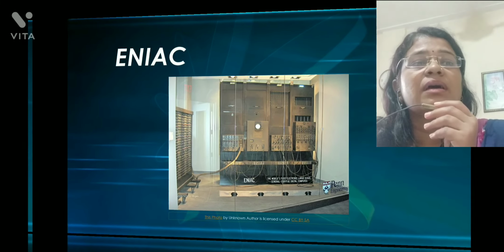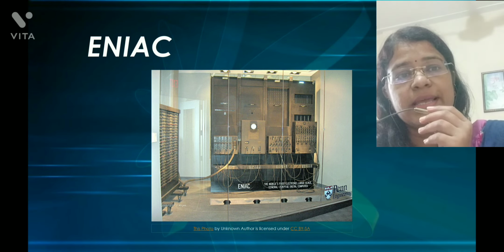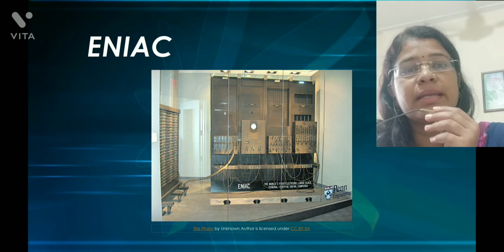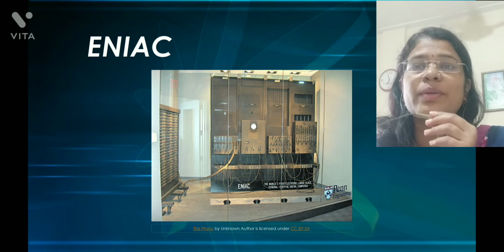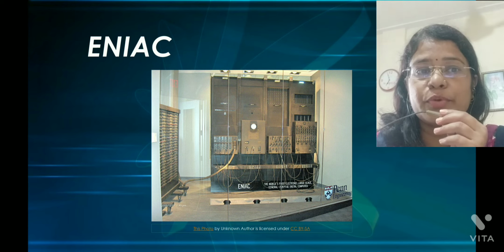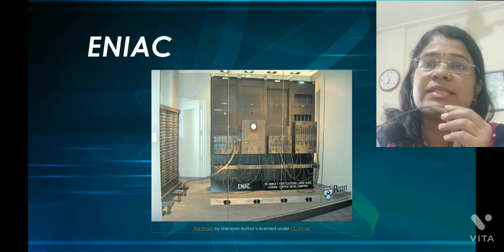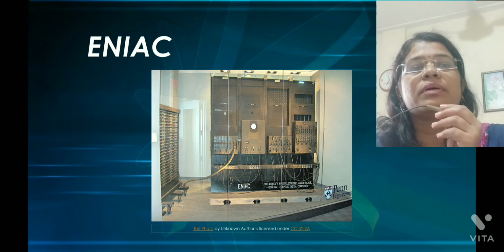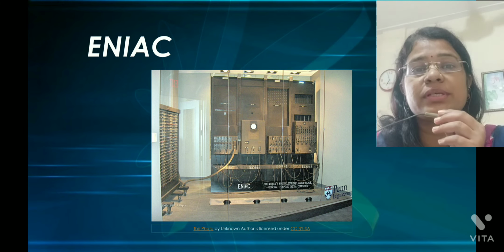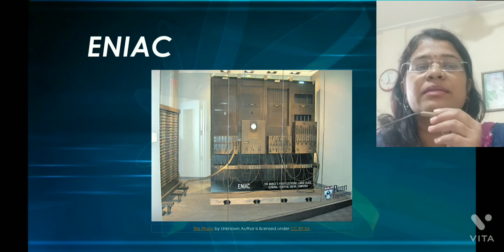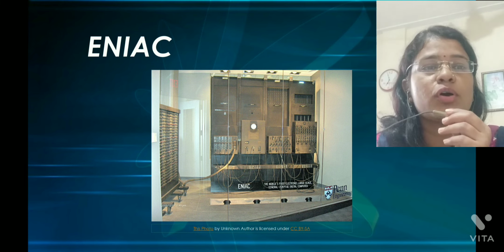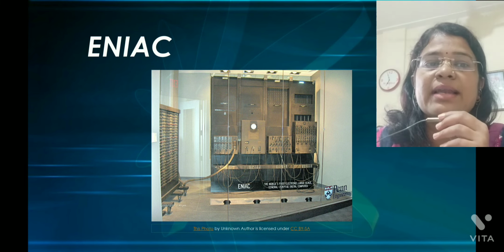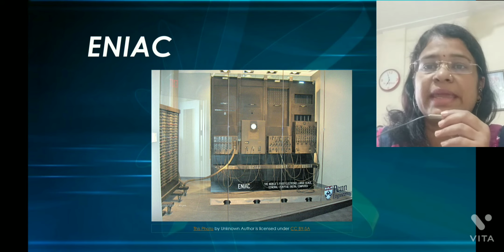ENIAC stands for Electronic Numerical Integrator and Calculator, and this was the first general purpose digital computer. It used vacuum tubes, and was invented by John Mauchly and J. Presper Eckert.